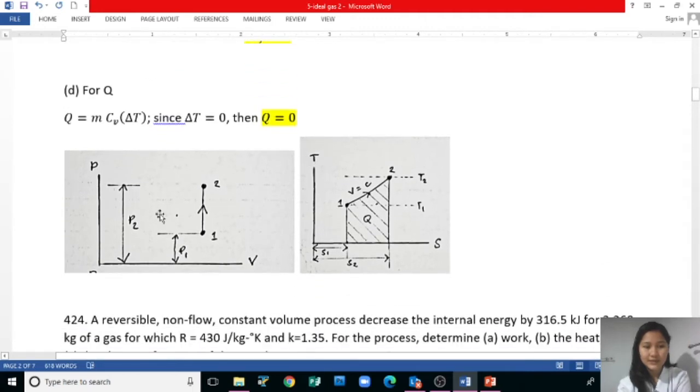Now this is the P-V diagram for this problem, and this is the T-S diagram. So we have here the constant volume, that's why we have the straight line here, and here is the change in temperature, wherein there is an increase in temperature.